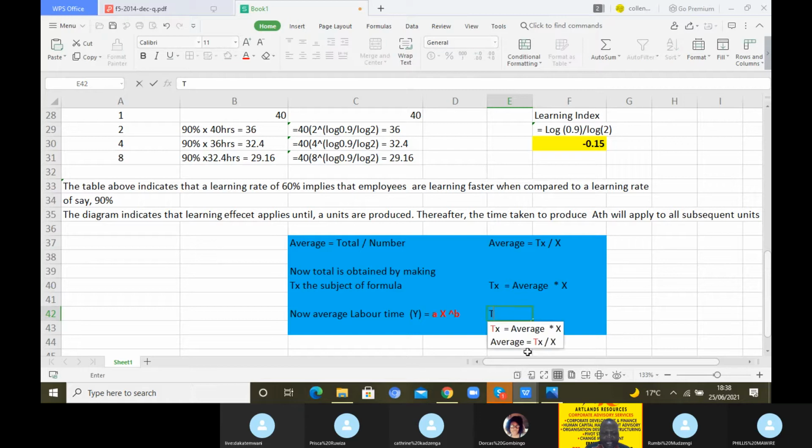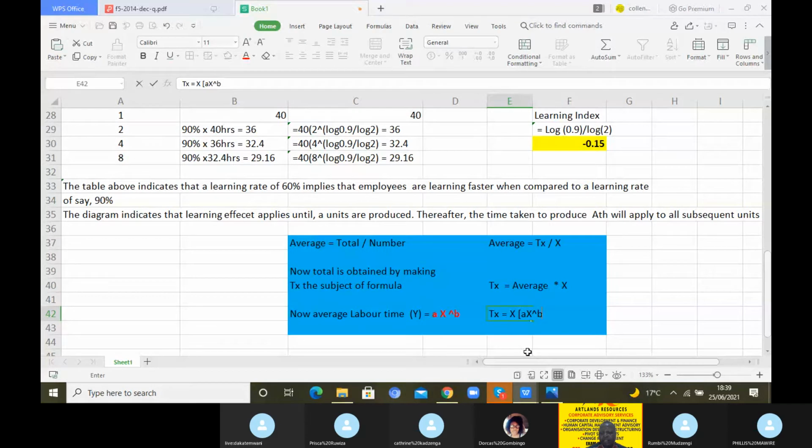It would mean that total of x equals capital X bracket, and instead of saying average, you are now saying ax to the power b.